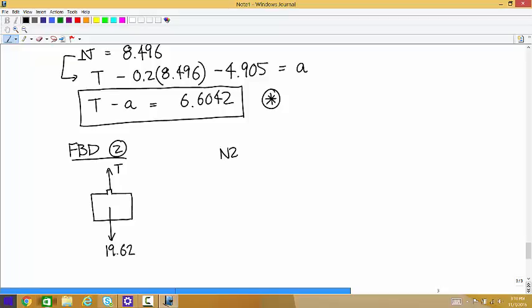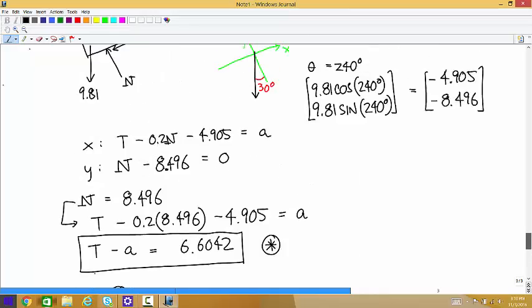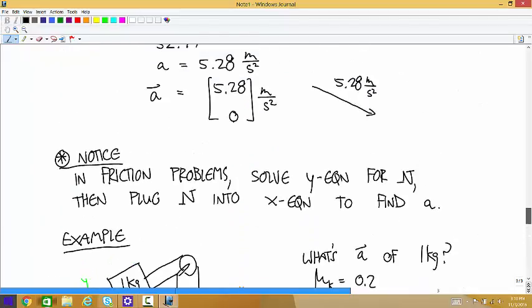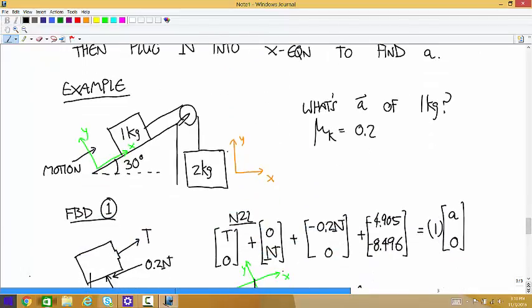And so Newton's second law says, now we're using the usual coordinate system. So 0, T plus 0, negative 19.62 is equal to the mass times, now we have to think about what the acceleration is. If the first block has an acceleration, so say that variable A is positive, okay?